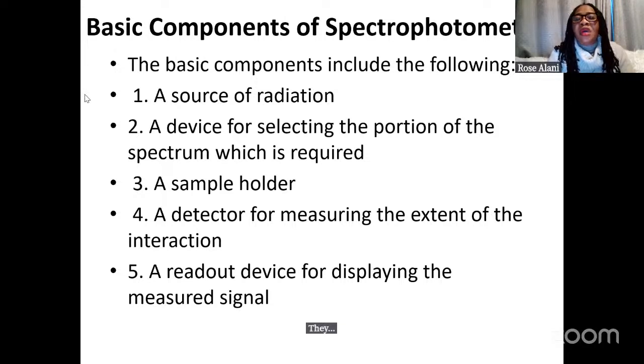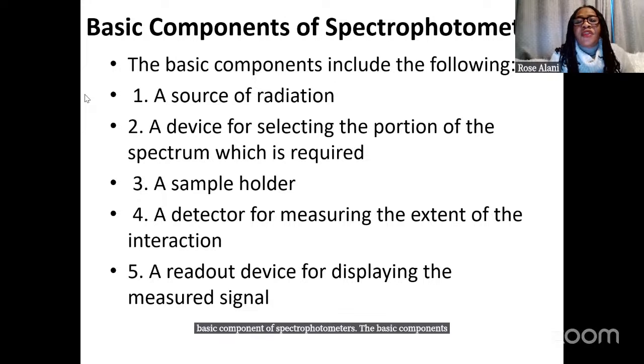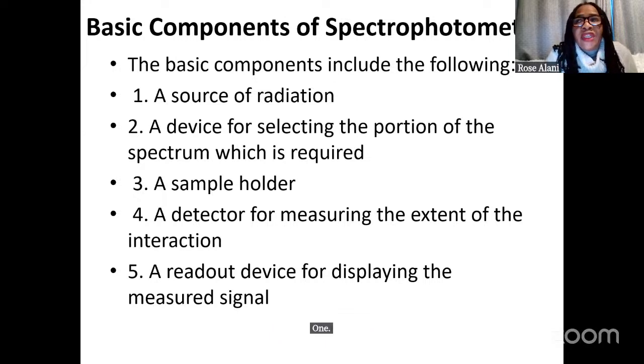The basic components of spectrophotometers are: one, a source of radiation. You must have a source of radiation. You have a device for selecting the portion of the spectrum which is required.